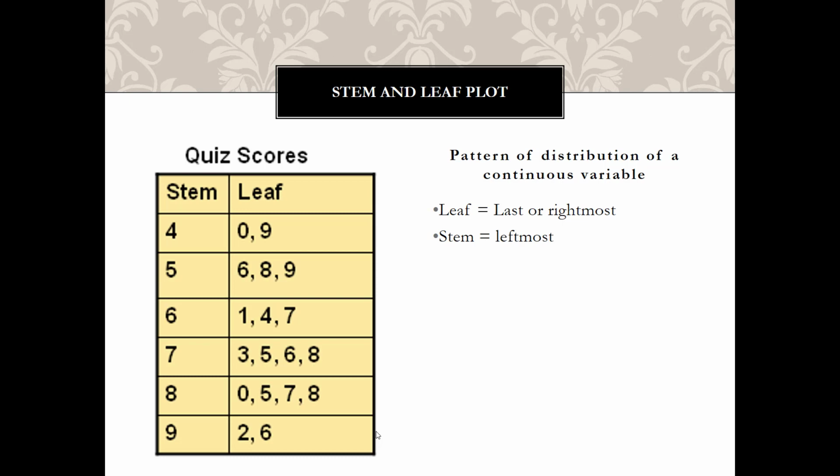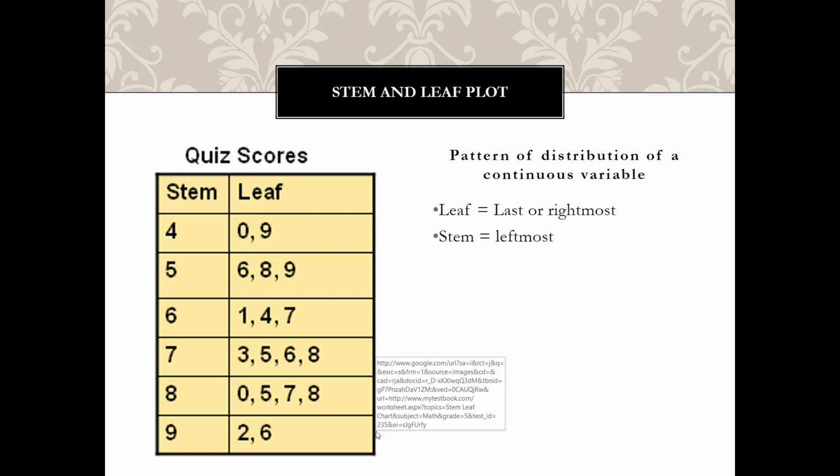This is a description of the stem and leaf plot. And the stem and leaf plot is another way that you can look at patterns of distribution of continuous variables.